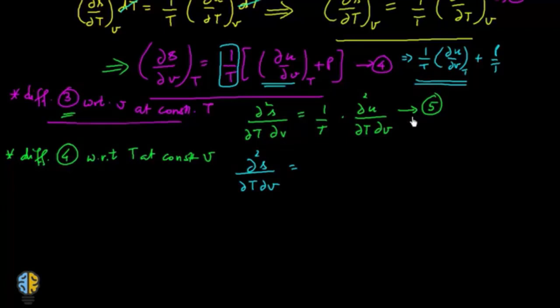Let's differentiate this first: putting the first function as it is and differentiating the second one, you get ∂²U/∂T∂V.